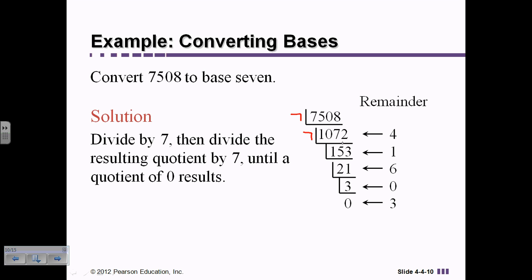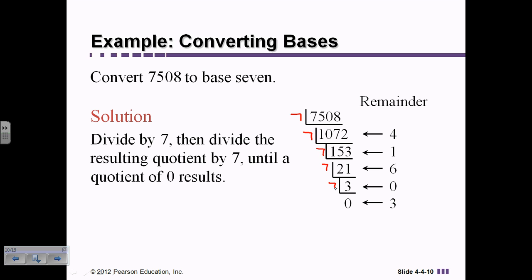7 divides into 1,072 153 times, with a remainder of 1. 7 divides into 153 21 times, with a remainder of 6. 7 divides into 21 3 times, with a remainder of 0.